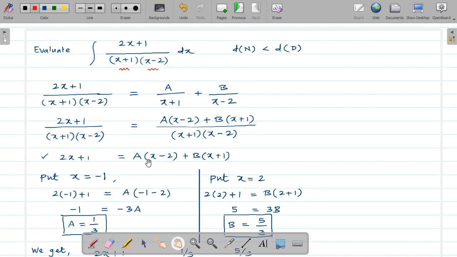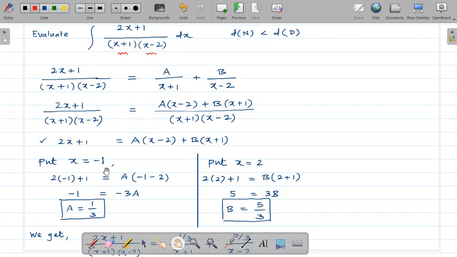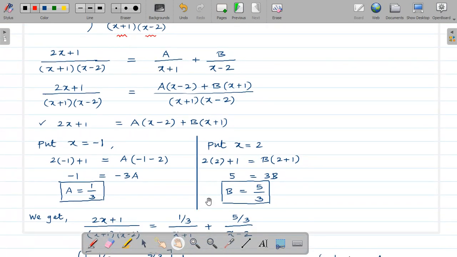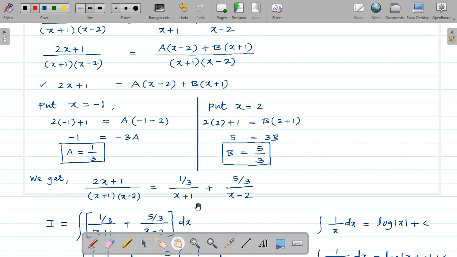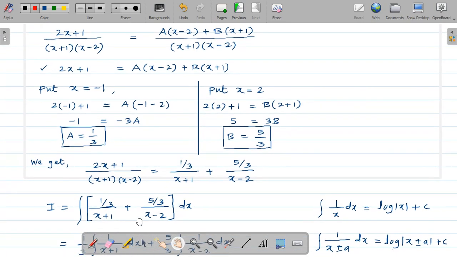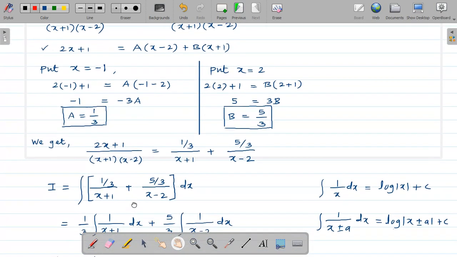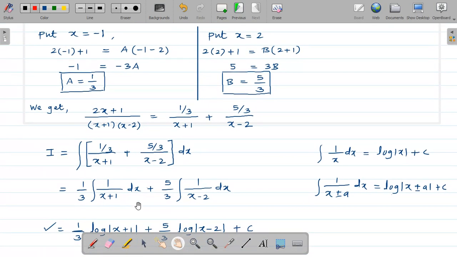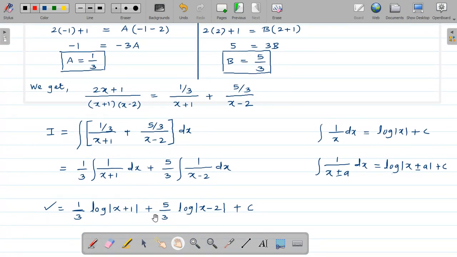You can write this step directly also, and by removing b you will get the value of a, and by removing a you will get the value of b, and after getting that, if you convert it into partial form, then it is very easy to integrate like this, and hence you will get this answer.